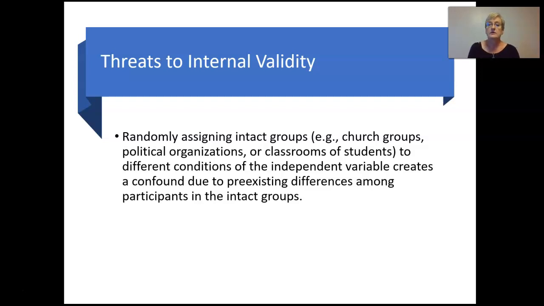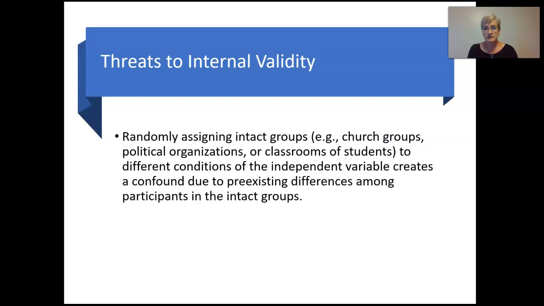So for example, if you were doing a community study and you wanted to sample from different groups within your community, like church groups or political organizations, you would want to make sure that equal portions of each of those groups landed in each of your experimental conditions.